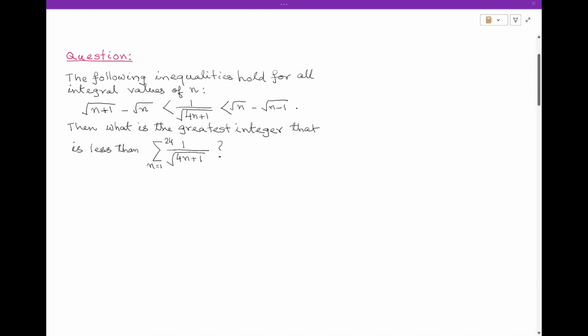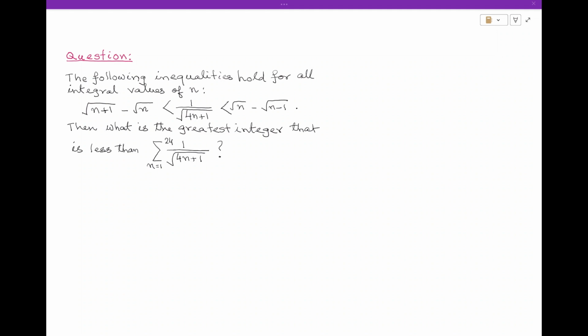The following inequalities hold for all integral values of n. Square root of n plus 1 minus square root of n is less than 1 divided by square root of 4n plus 1, and that is less than square root of n minus square root of n minus 1.